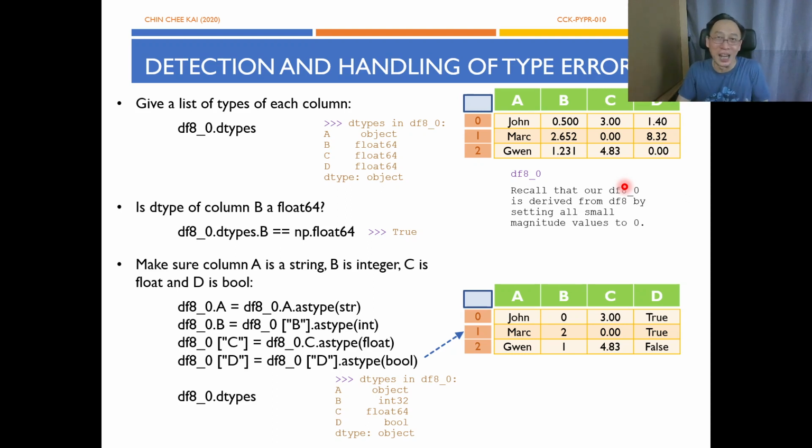but we cannot. So here, how do we detect the type of the column? This is the first question. Here, very simple. Just use the data frame dot dtypes. Naturally, we don't need to ask, is this data type one for each column or one for each row, right?